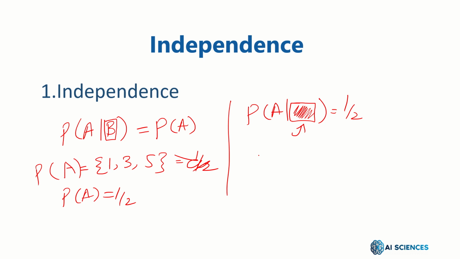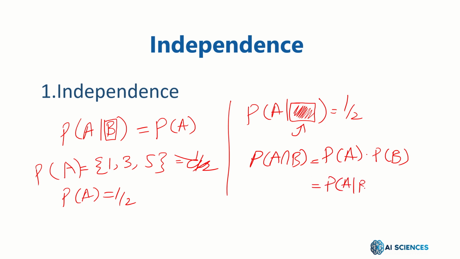A direct consequence of independence is that the probability of A and B can be written as the probability of A times the probability of B. If they are independent, these two are equivalent. So that's what independence means.